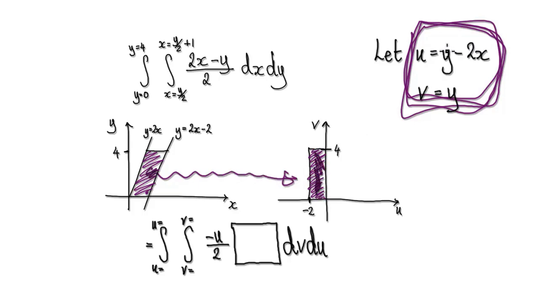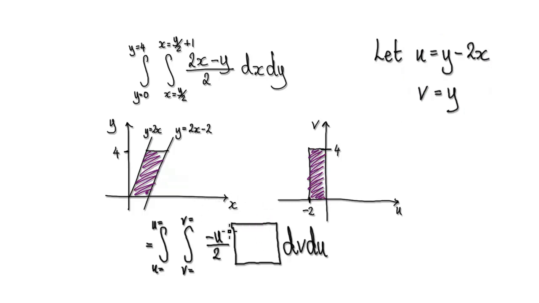But then if you make the substitution here, you need to make some sort of adjustment, and this is your Jacobian. We need to compute the Jacobian later on. But then let's look at the region. dv, so you're moving parallel to the v-axis, so you're starting at 0, you stop at 4.